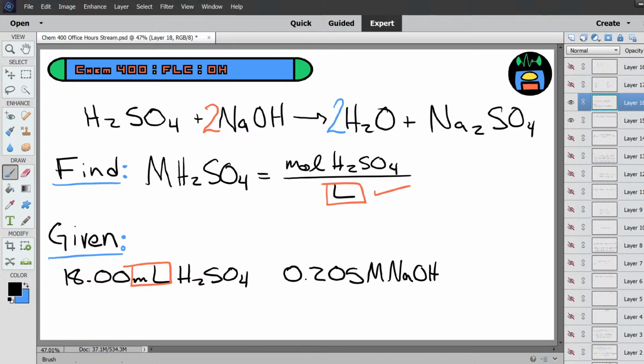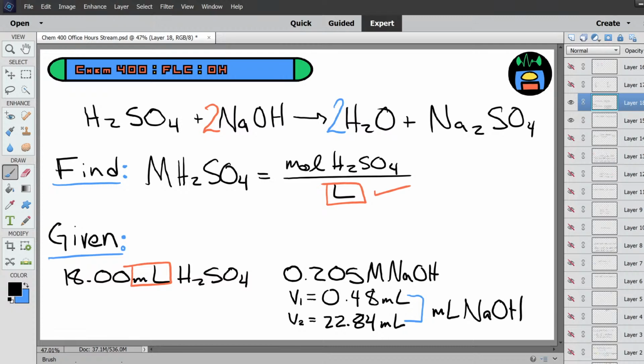And then we're given an initial burette reading of 0.48 milliliters and a final burette reading of 22.84 milliliters. These together, this initial and final burette reading, will give us the milliliters of sodium hydroxide that was used in this reaction.